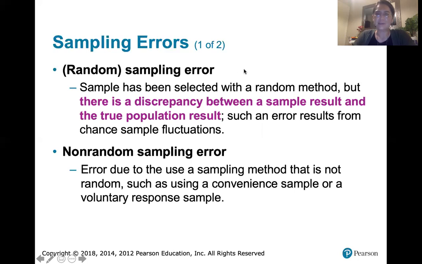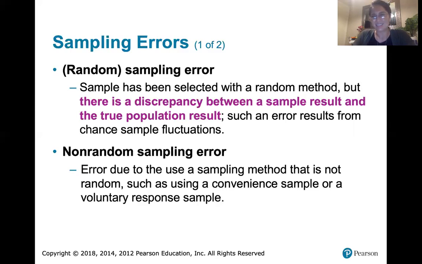And no one's going to give you a hard time if your sample does not give you exactly the same result as the entire population. So let's say you were to do a poll for the president and you were to get some statistic, you know, 52% of people favor this person.